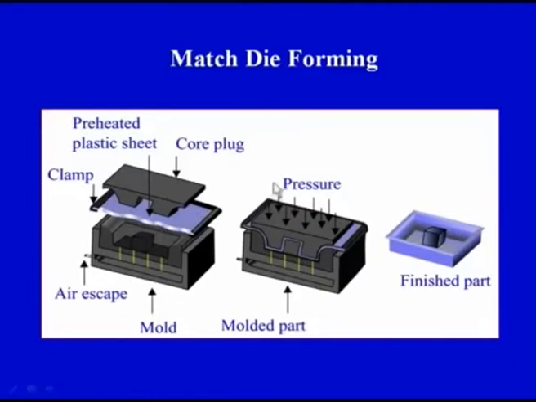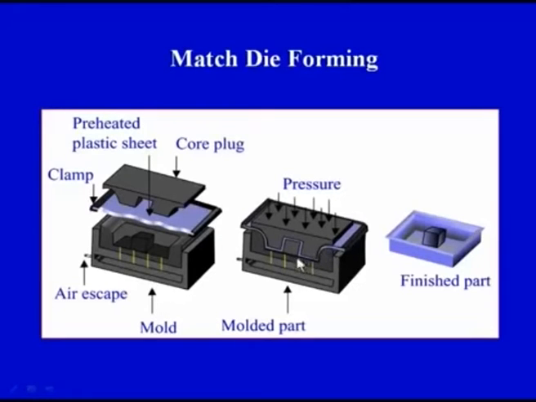So here the pressure is applied on the core plug, which can be a punch also. So we have a mold, we have a punch, the shape of the punch is conforming to the final shape that we want to generate, and we have a die cavity which is conforming to the shape of the final product. So this is the molded part which is shown here.